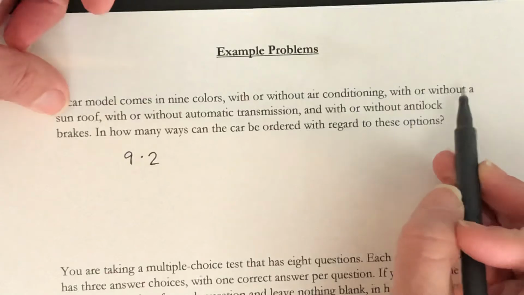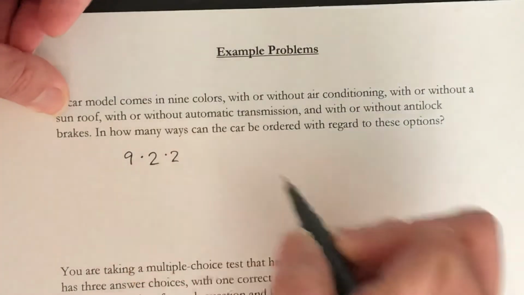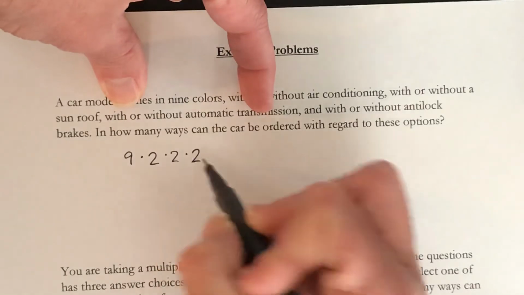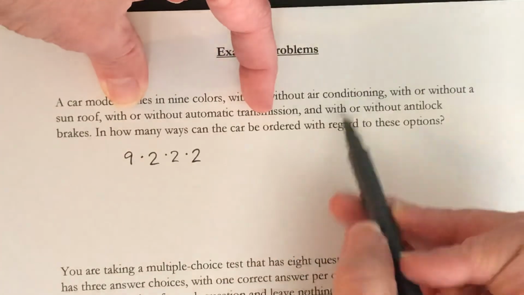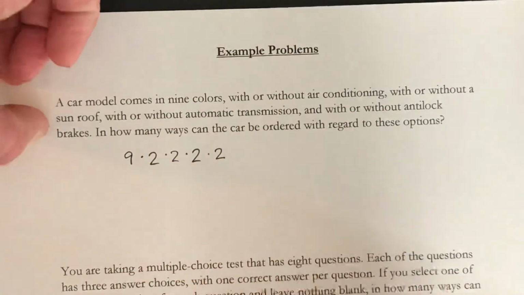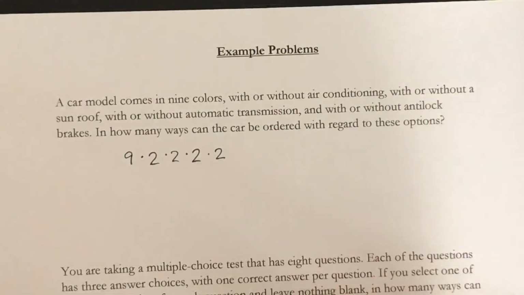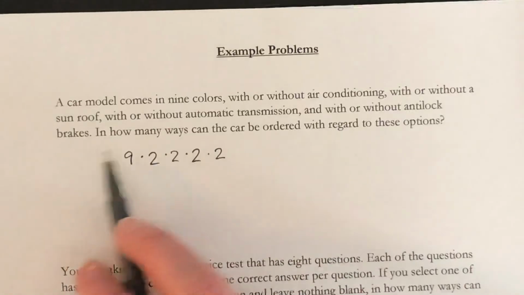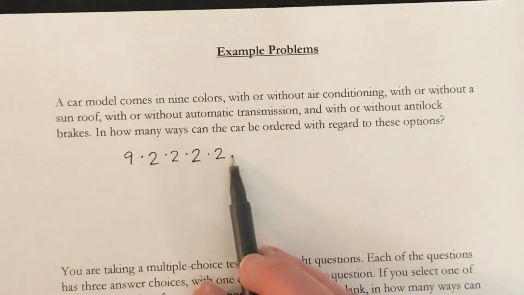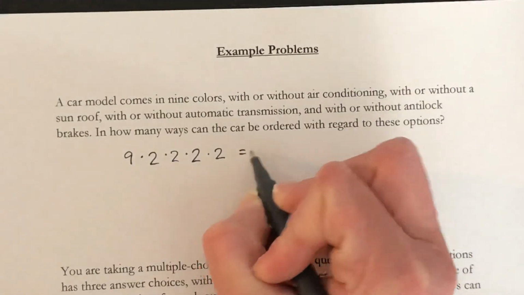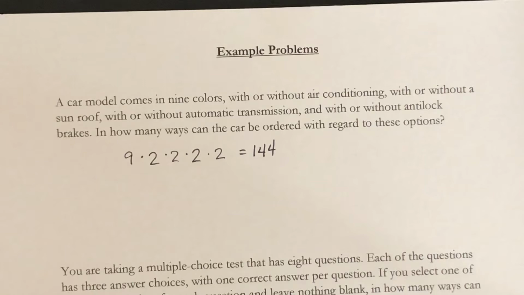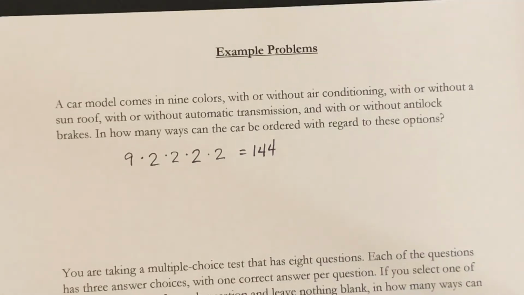With or without a sunroof, there are 2 choices there. With or without automatic transmission, 2 choices there. With or without anti-lock brakes, another 2 choices. So to find out the number of ways that the car can be ordered, I multiply 9 times 2 times 2 times 2 times 2, and that gives you 144. So there are 144 different car options here.